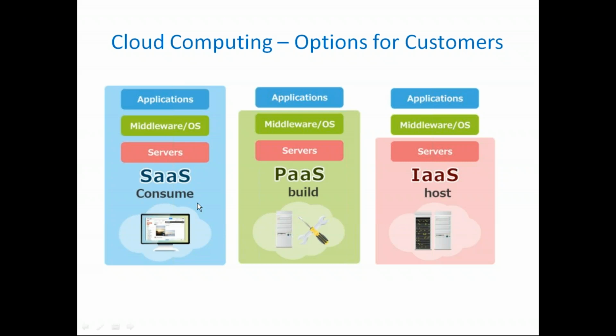Here, these are the three subscriptions: SaaS, PaaS, and IaaS. In the case of IaaS, what we get is only a hosting service. What applications you want to install, what operating system you want to install, and what applications you want to use with that IaaS subscription is up to the client. In the case of SaaS, you consume. If you are a SaaS client, whatever applications you get from that cloud vendor, you can use.